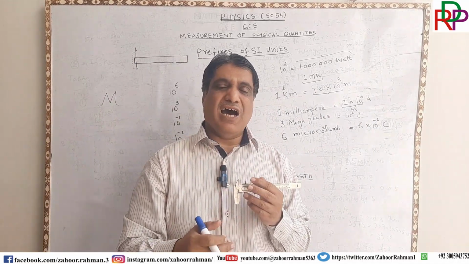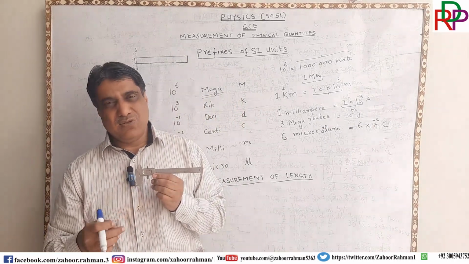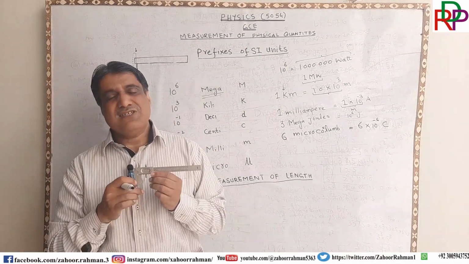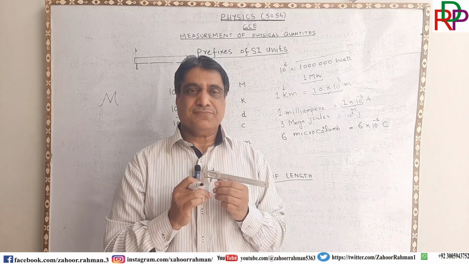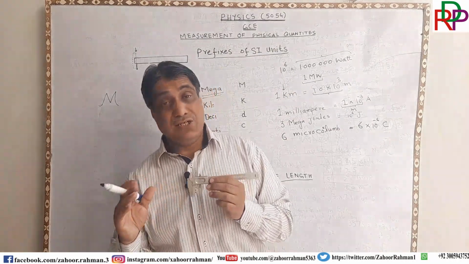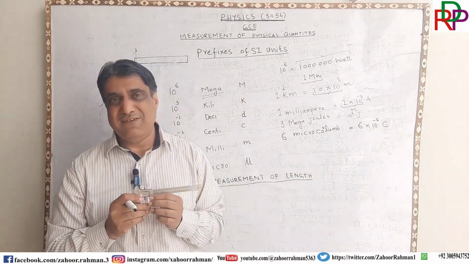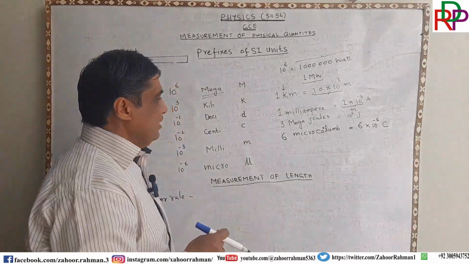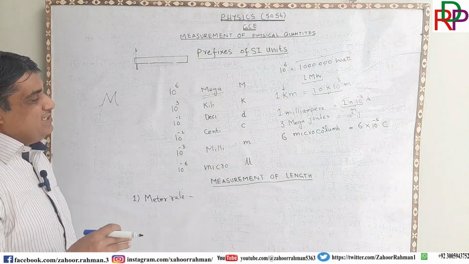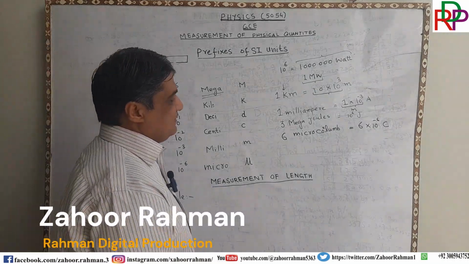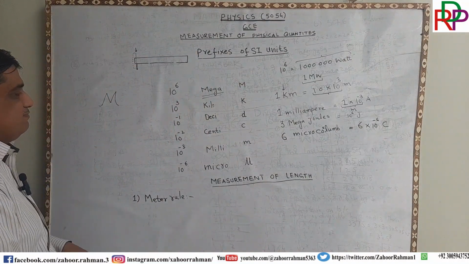As I already told you, if the zero of the vernier scale coincides with the zero of the main scale, then the instrument doesn't have any zero error. Neither do you add nor subtract any value from the final one. In your book they give you the detailed concept of this. Let me explain how to take the values.